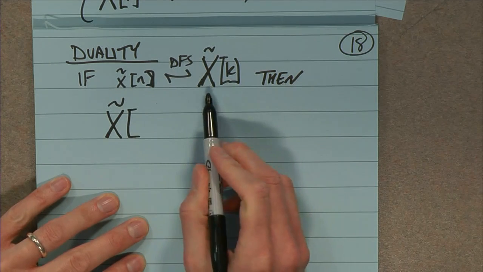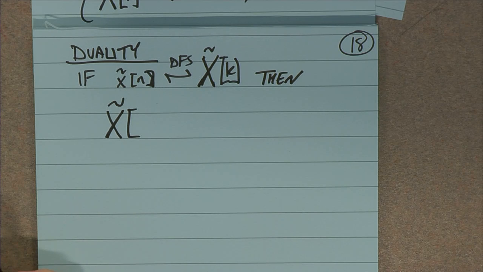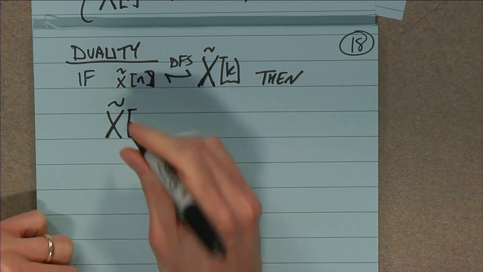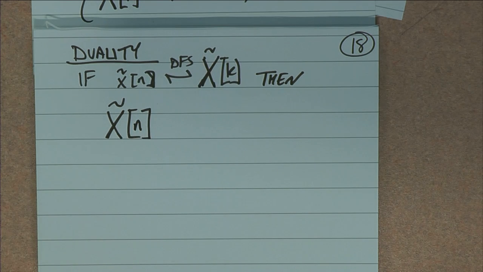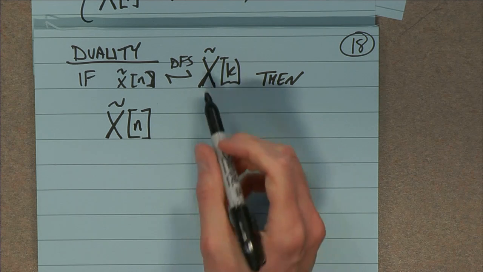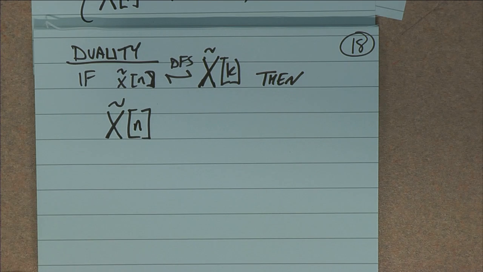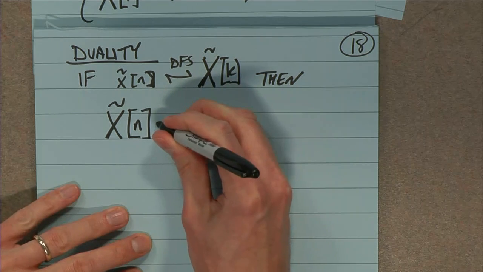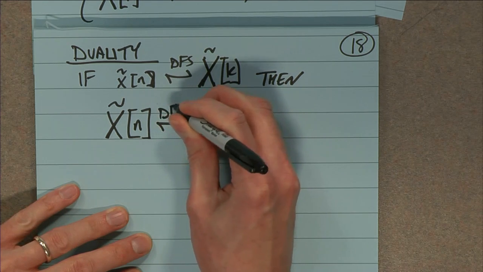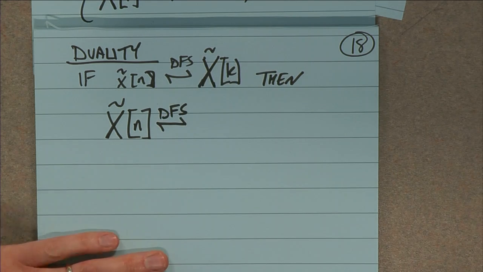And when I treat the discrete Fourier series coefficients as just another time sequence, I'm going to use n here to try to communicate that to you. So I took these X of k's and I just rewrote it X of n because I'm treating them like a time sequence. And if I take the discrete Fourier series of those, what do I get back?